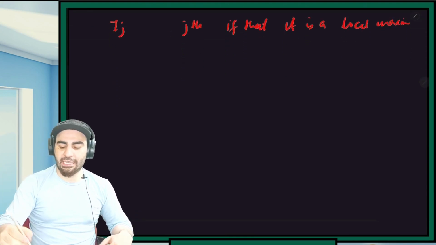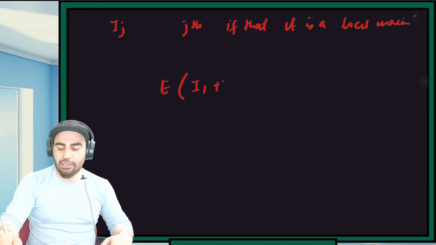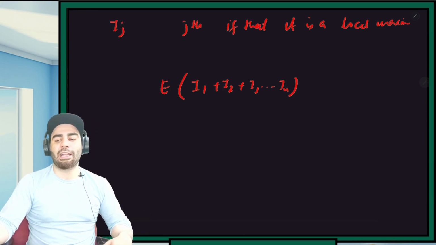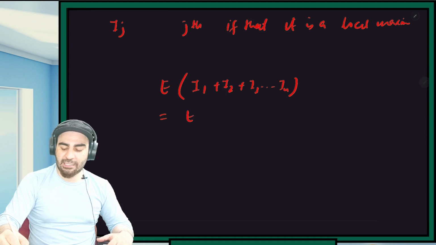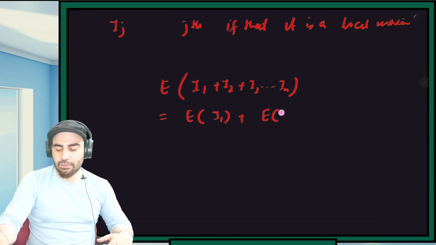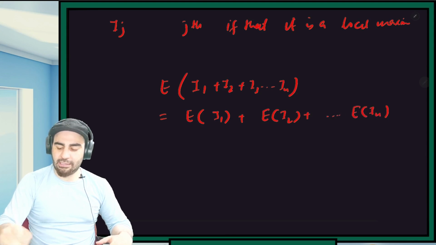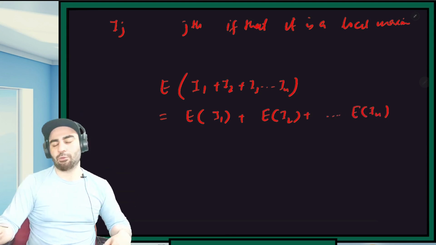So I can write the expectation of I1 plus I2 plus and so on till In. Because of linearity of expectation, I can expand it: expectation of I1 plus expectation of I2 plus and so on till expectation of In. That means I have to do this computation n times.